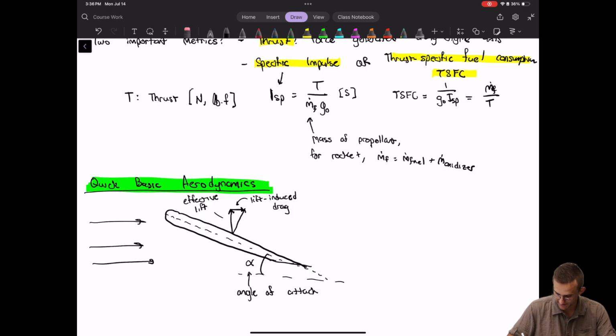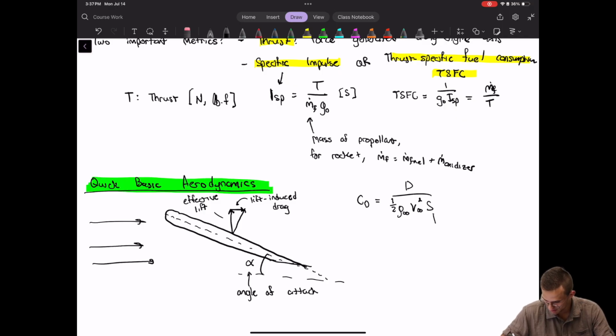We usually define these coefficients of drag and lift, where CD is equal to D over 1/2 rho infinity V infinity squared S. This is the free stream velocity and density, and S is the surface area.